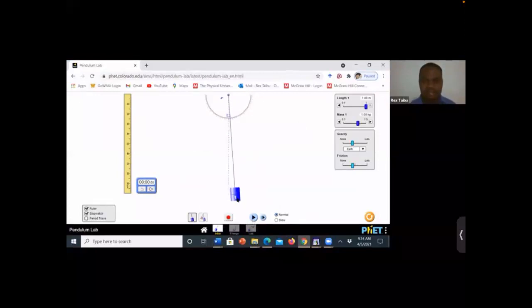Let me see. 5 is here, so I pause it. So I have to start the watch, and then I have to start my simulation, and then I'll count like 10 oscillations. A complete oscillation is the mass going to one side and then back. That's 1. If it goes back again, that's 2. So I'll be counting like that.